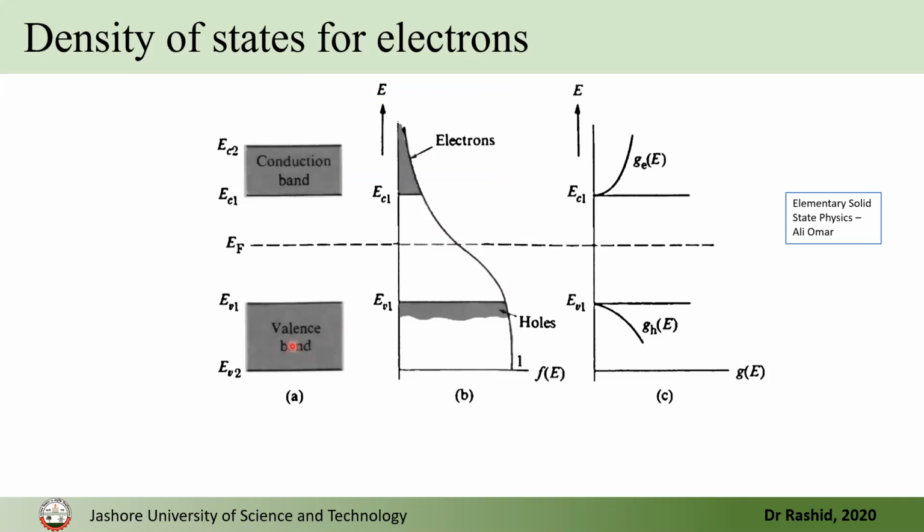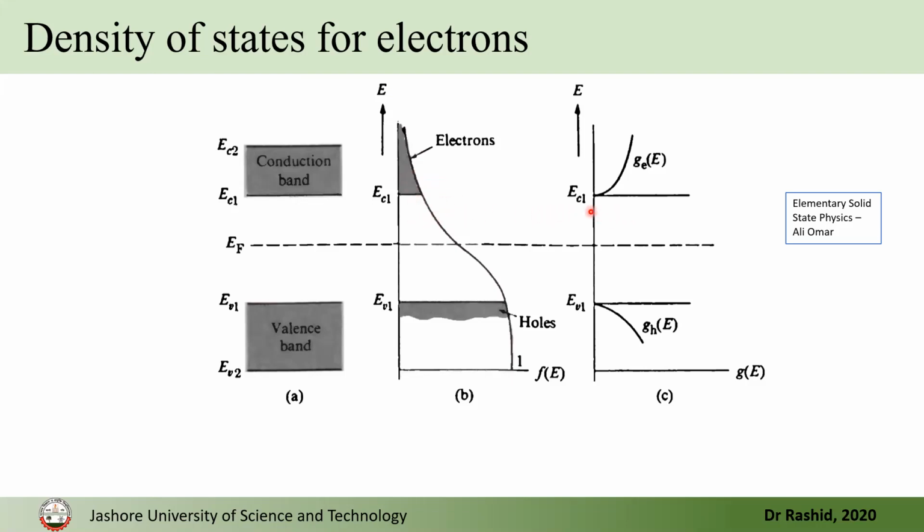Now we know that at room temperature, electrons excite from the valence band to the conduction band, leaving holes in the valence band. Electrons start to occupy states in the conduction band.